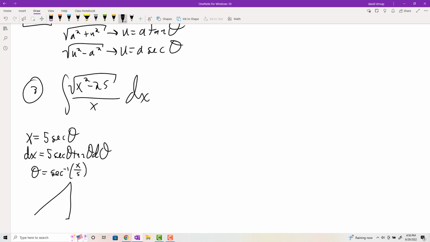And then I go to my triangle. So secant is 1 over cosine, right? So we're looking at hypotenuse over adjacent. So hypotenuse x, all over adjacent 5. Use the Pythagorean theorem to get the third side. So this ends up being the square root of x squared minus 25.